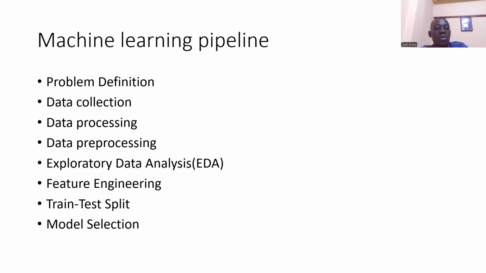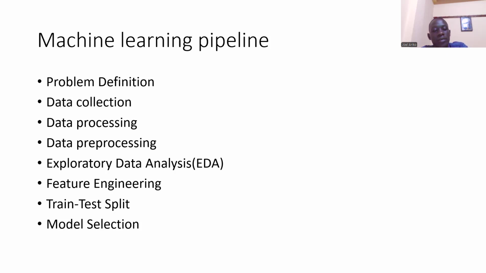Then we do data pre-processing. Here we clean data by handling the missing values and dealing with duplicate values. We also reduce noise and remove inconsistencies.